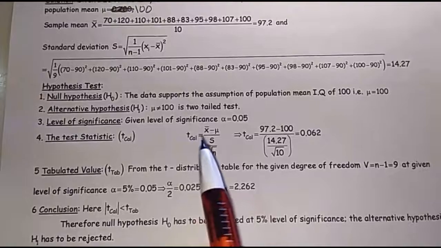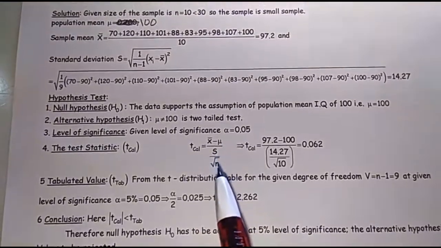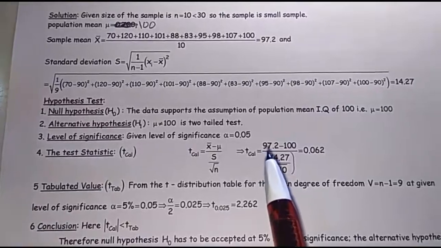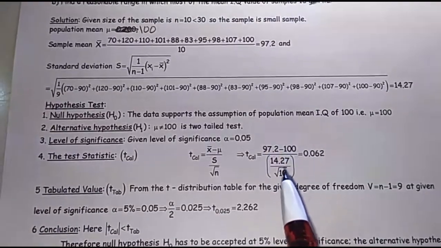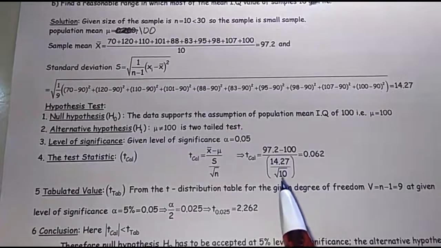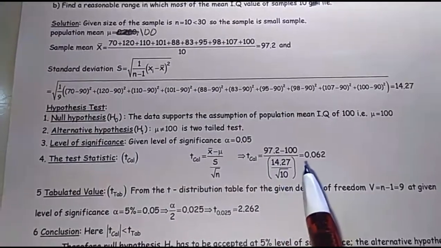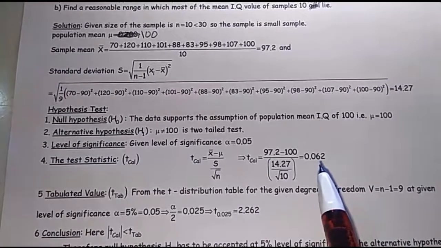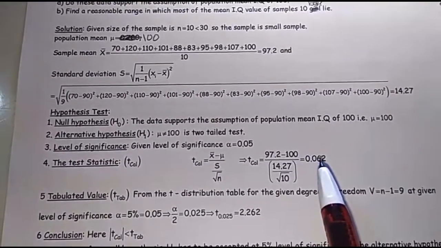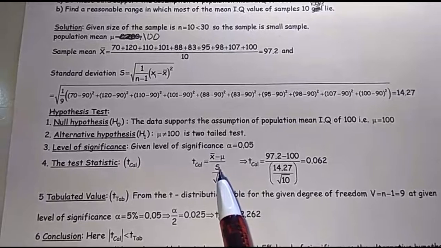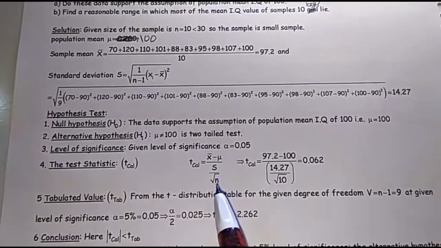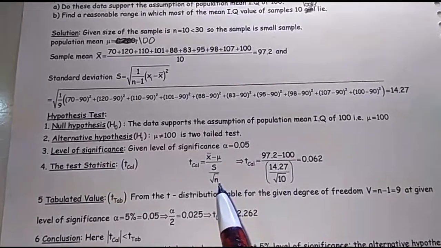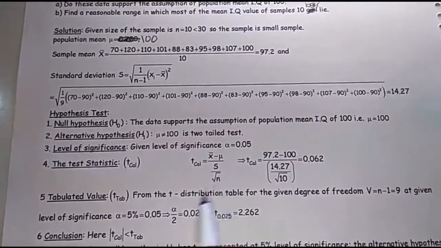Test statistic Tcal equals x bar minus mu divided by s divided by root n minus 1. x bar is 97.2 minus 100 divided by s 14.27 divided by square root of 10, that gives 0.062. In this problem, the standard deviation is not given, so we have to take the test statistic Tcal equals x bar minus mu divided by s divided by root n instead of root n minus 1.